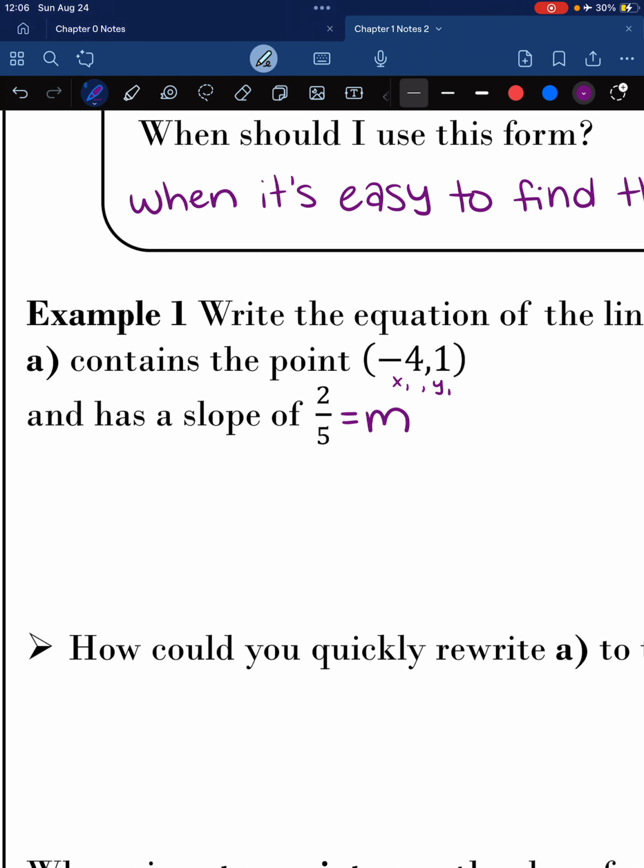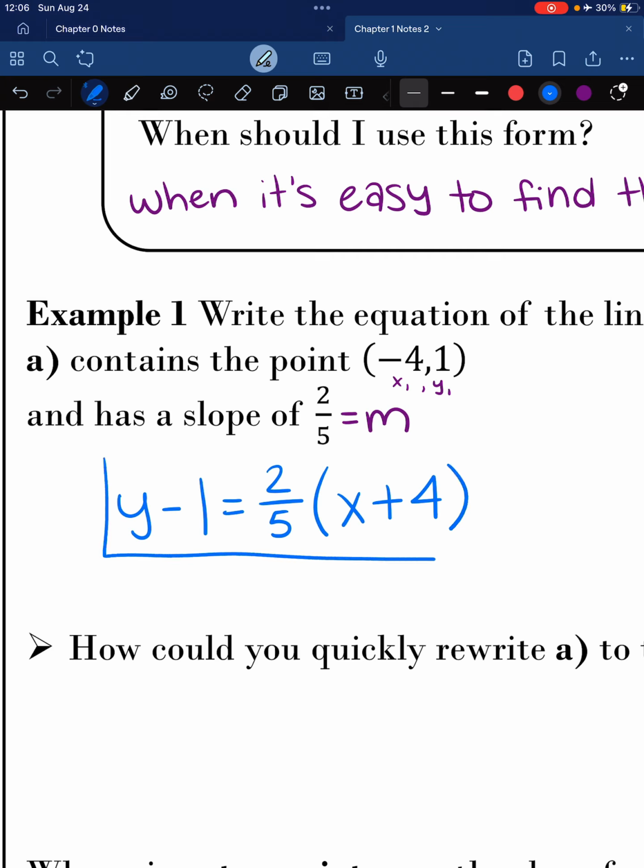Okay, so then using that formula up top, we can go ahead and write y minus y1 equals m times x minus a negative x1. And that is all we have to do.